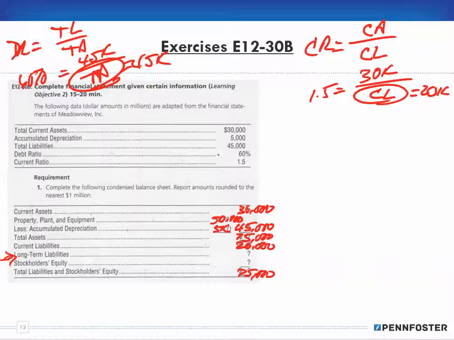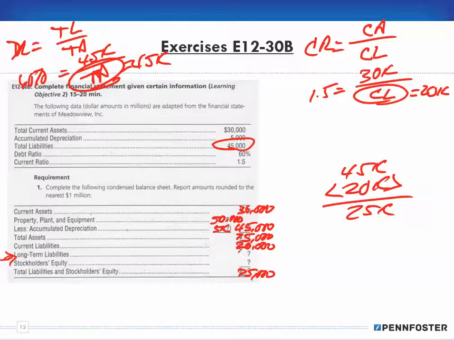Okay, so my total liabilities are 45,000. If my total liabilities are 45,000 and my current liabilities are 20,000, one from the other means that my long-term liabilities have to be 25,000.